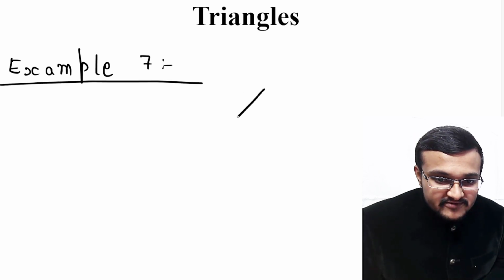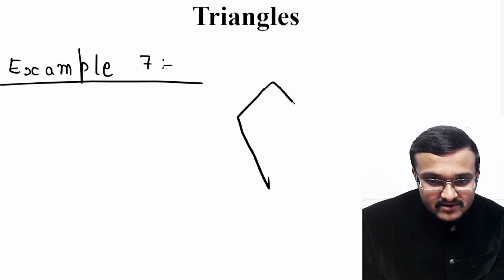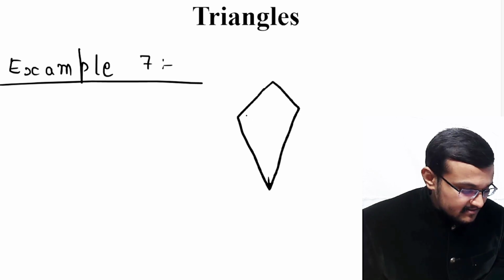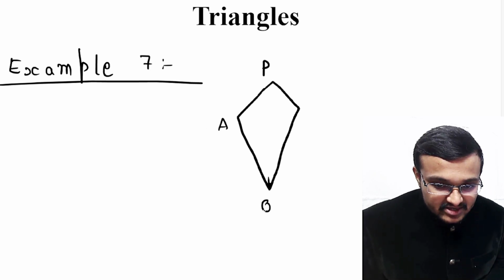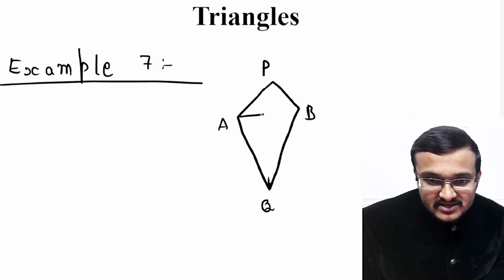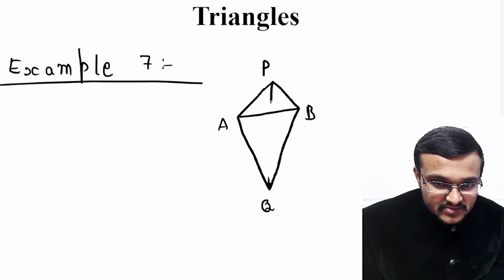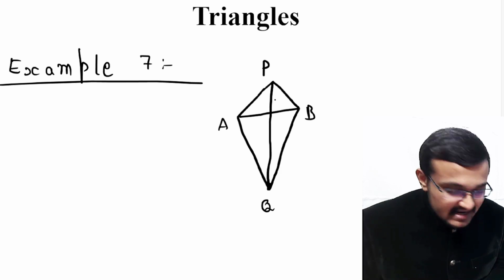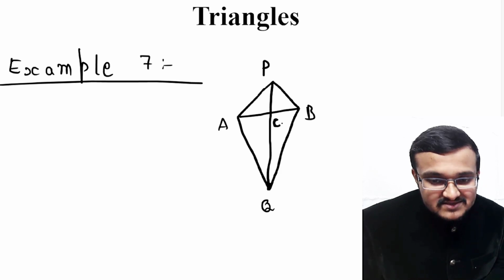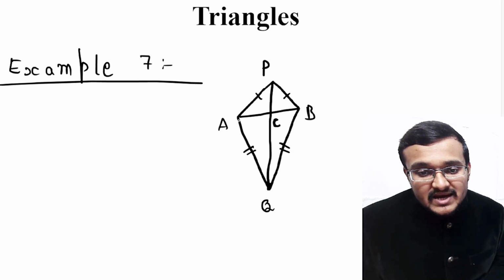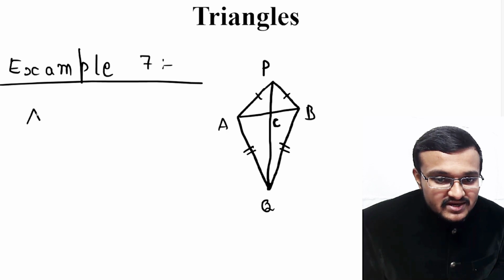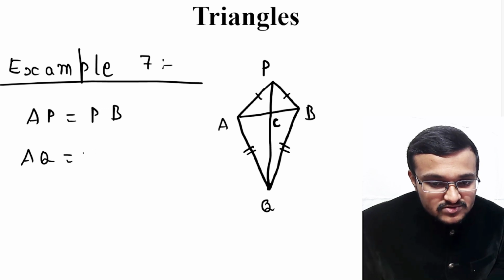In example 7, you have a figure like this, where the diagram is named P, A, Q, B, and AB is joined and PQ is joined, and this intersection is named C. Here AQ is equal to QB, and AP is equal to PB.